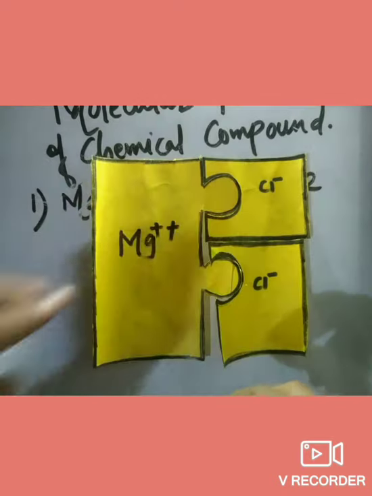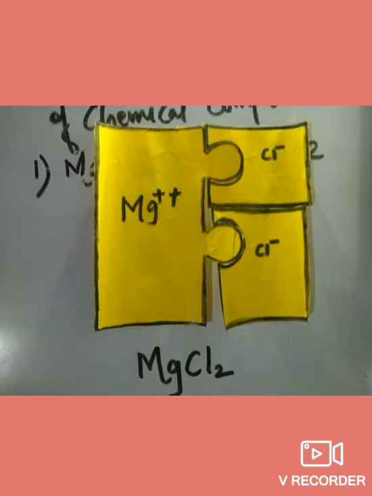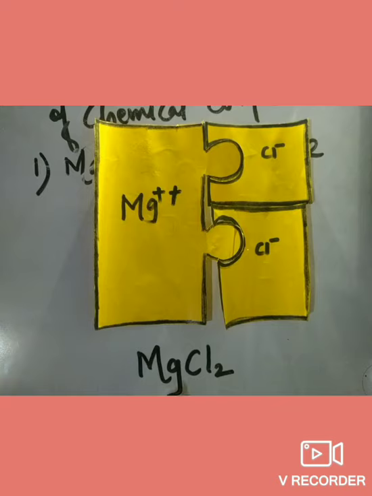So what we did here, we used one magnesium, but to make the compound with chlorine we had to use 2 chlorine. So Cl2. We used one magnesium and 2 chlorine to make the magnesium chloride compound. So the formula for magnesium chloride would be MgCl2.